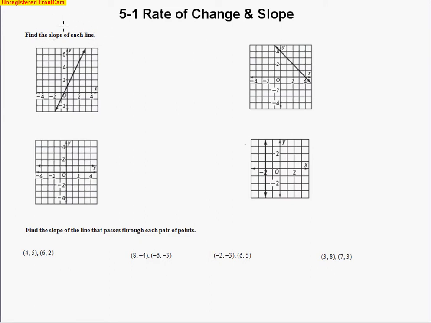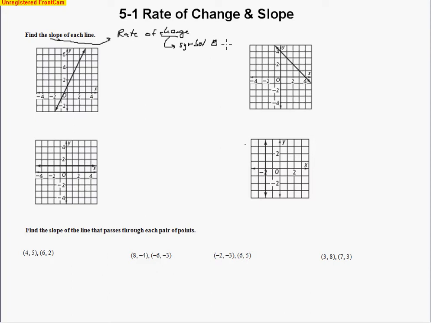Basically, when we're dealing with slope, we're dealing with a rate of change, and when we look at a rate of change, we're looking at the change in two variables. We're looking at the change in y, and the symbol I end up using for change is a triangle.